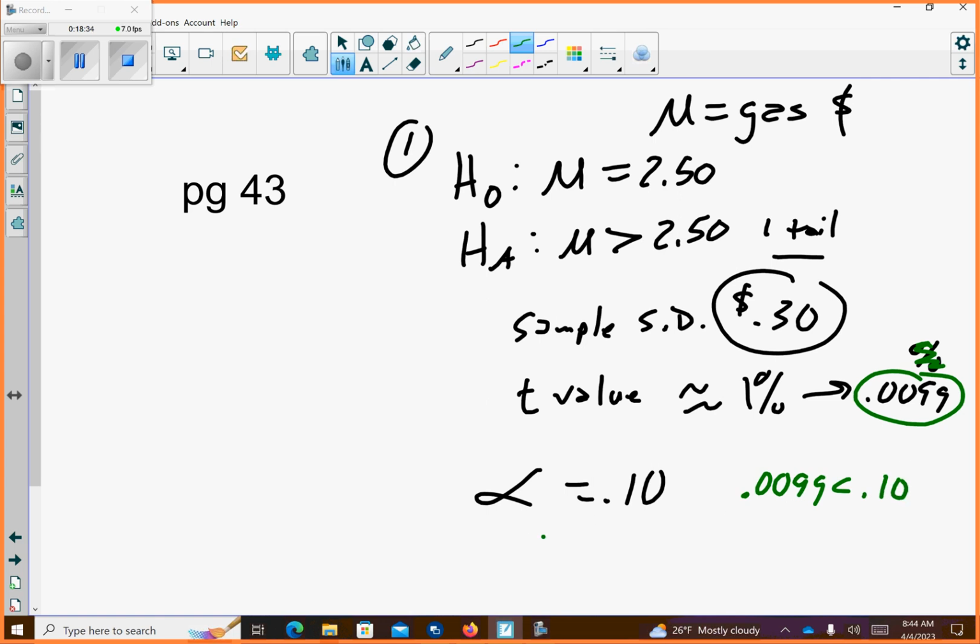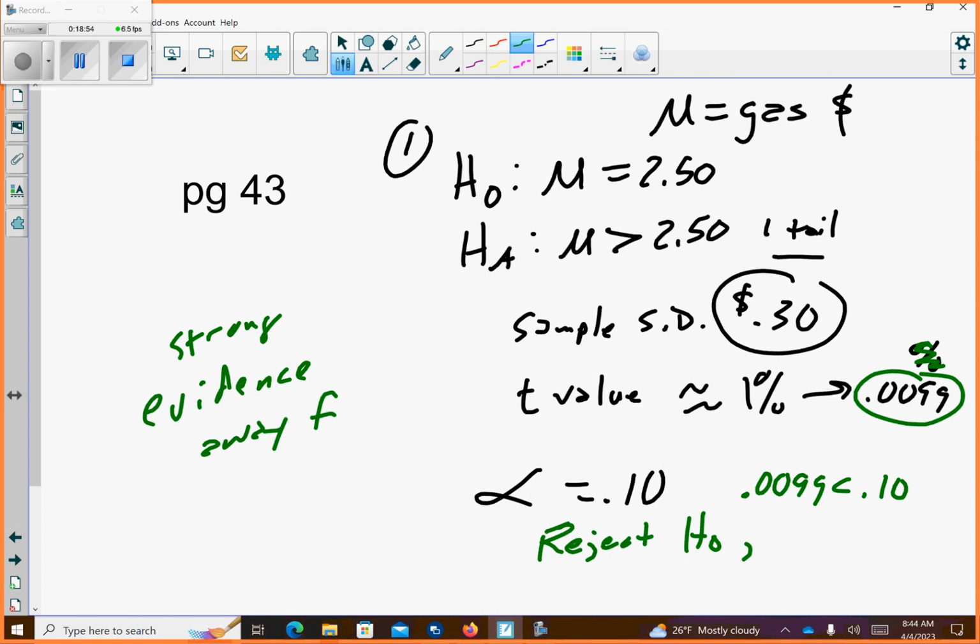So we can reject our null hypothesis in this case because we found strong evidence that it's away from the mean, or away from H naught. Okay, that's basically all we have to do going through it.